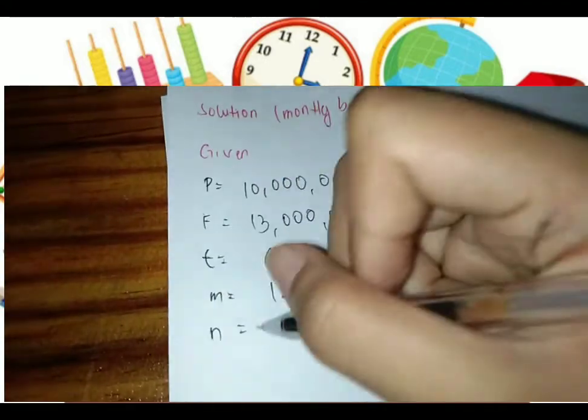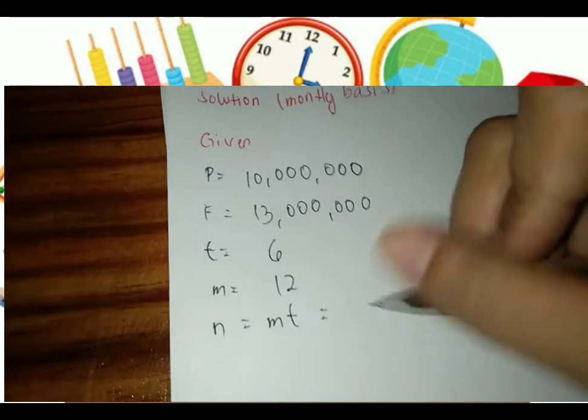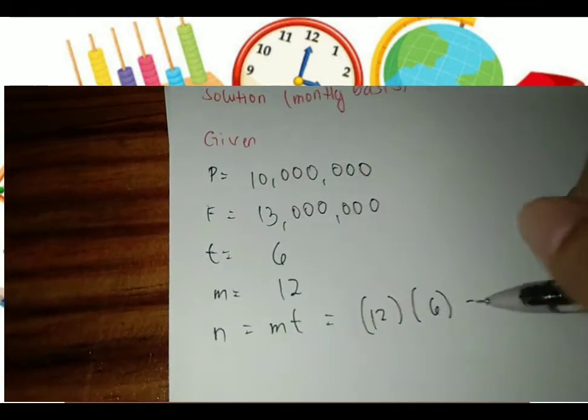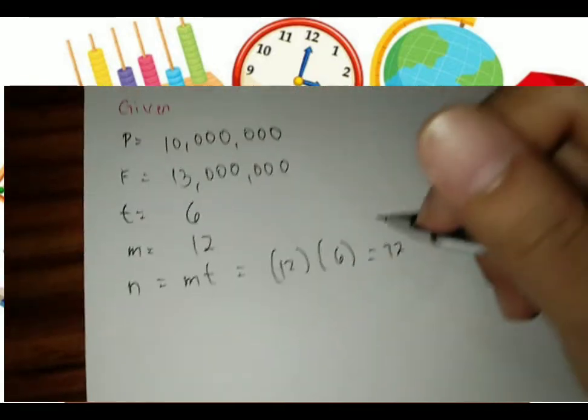Our n is equal to M times t, which is 12 times 6, equal to 72.